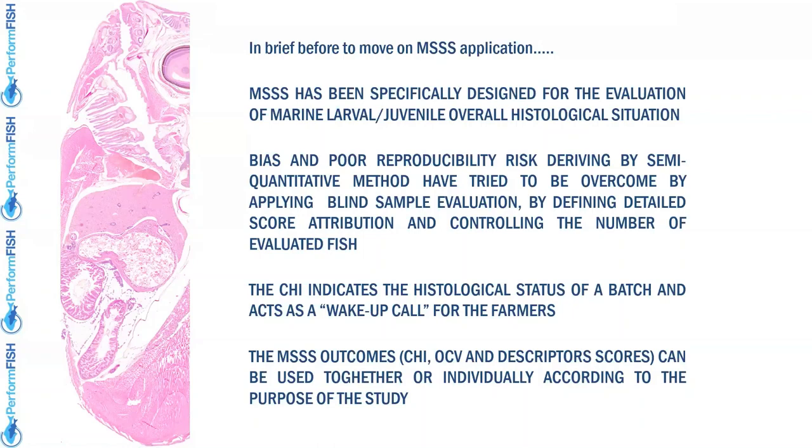The CHI, the cumulative histological index, indicates the histological status of a batch and acts as a wake-up call for the farmer, the feed producer, or other figures.